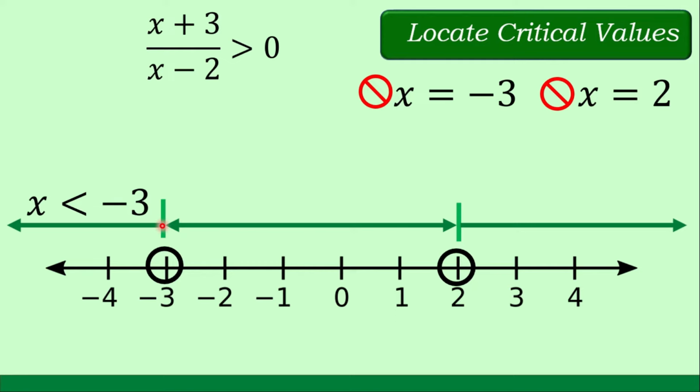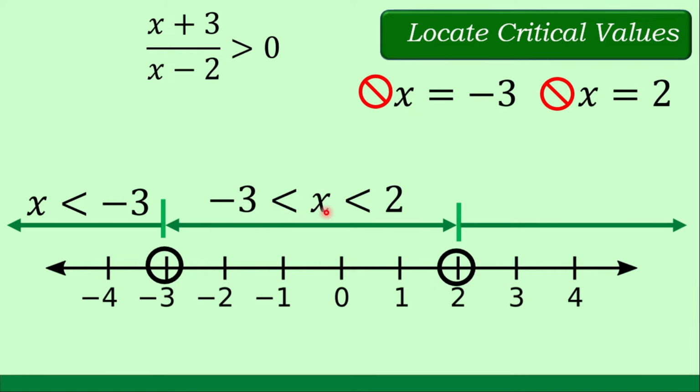Do you follow? Now, can you guess at the center? This is in between -3 and +2. So you're going to write it in this way. Focus at the center. You'll start from the center. X greater than -3. Again, I'm reading from the center. So I'm reading from x to the left and from the x to the right.